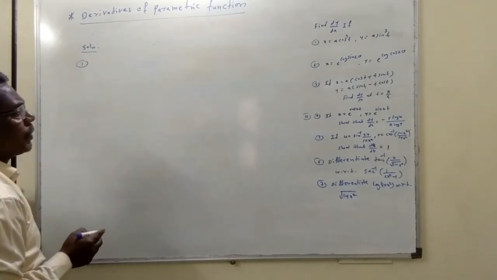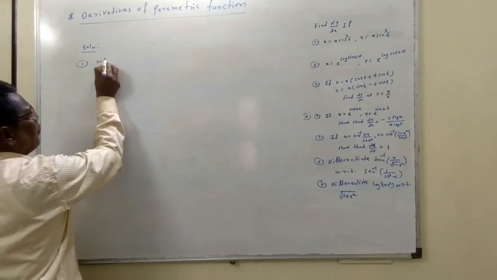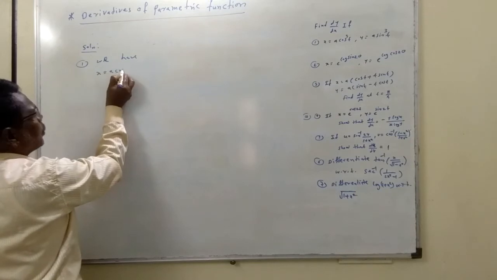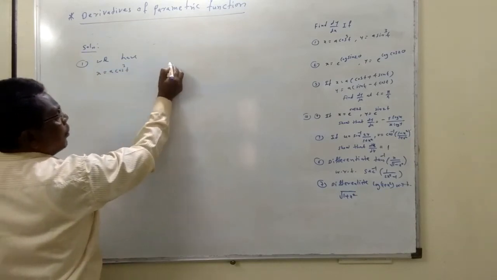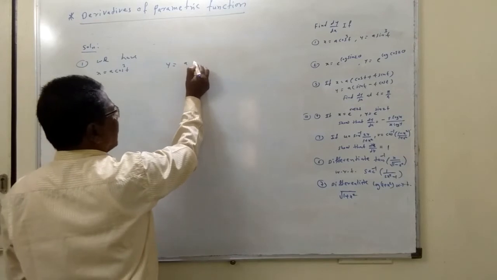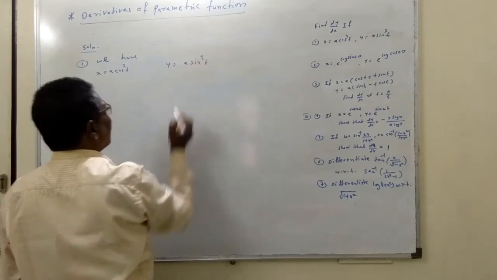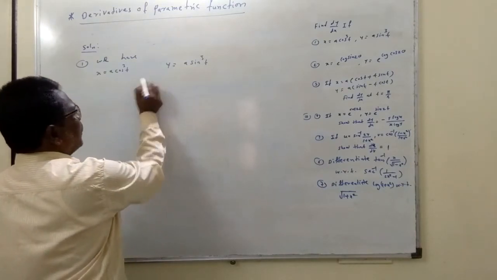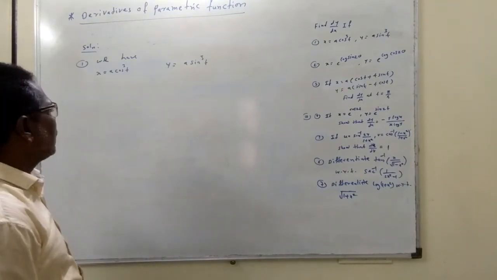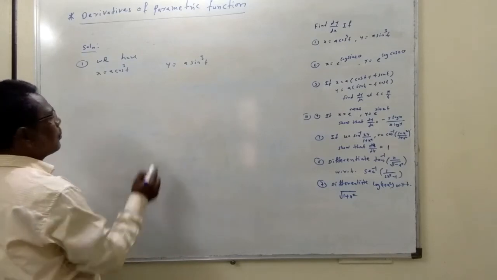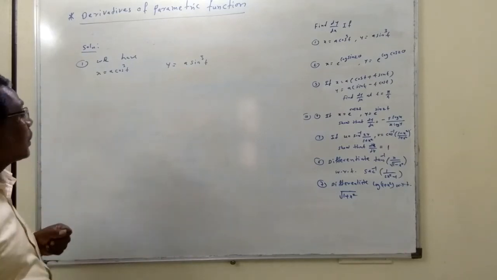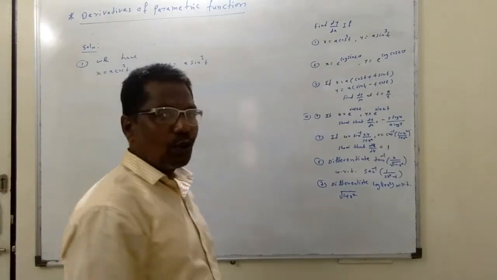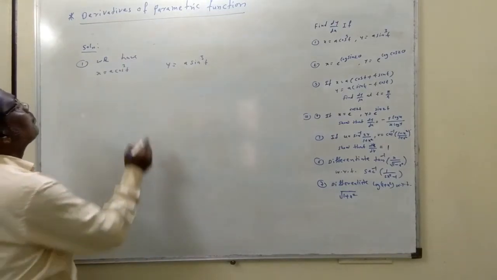First example: we have x is equal to a cos cube t, y is equal to a sin cube t. That is the parametric function. t is the parameter, a is the constant. We have studied variable and constant in the video on introduction to functions.